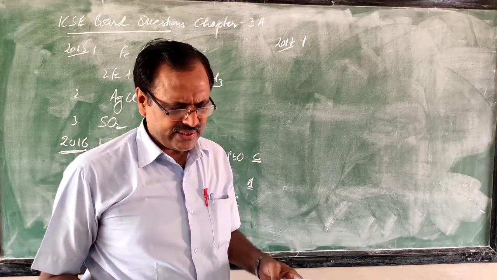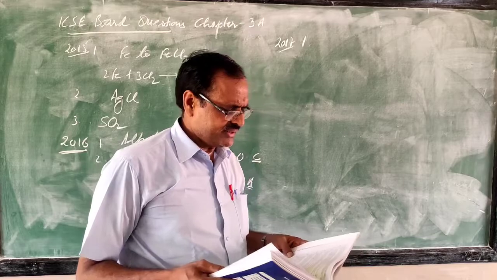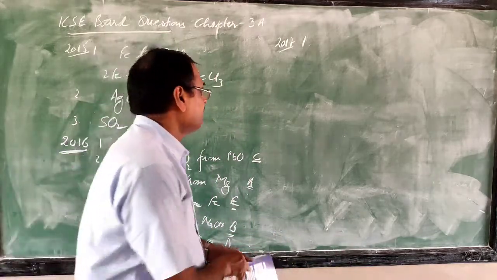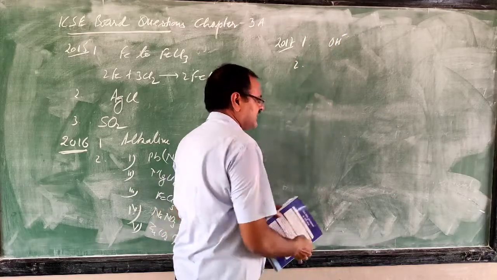When a metallic oxide is dissolved in water, the solution has a high concentration of hydroxyl ions, because basic will be there. That's it.